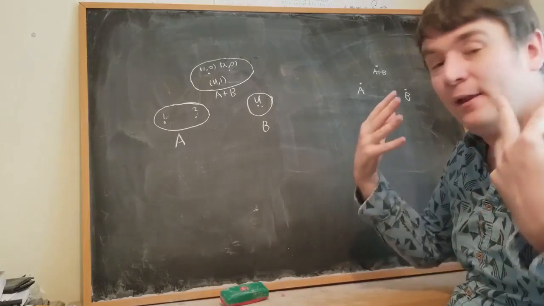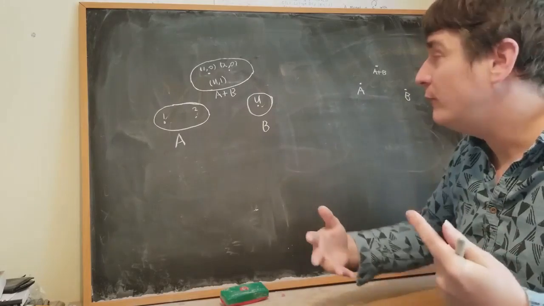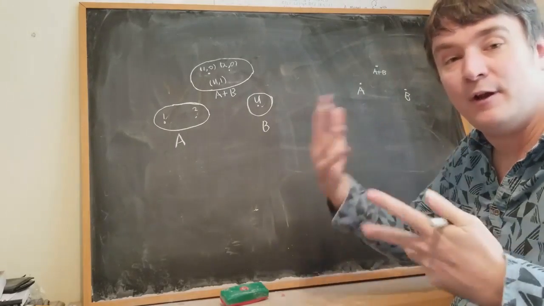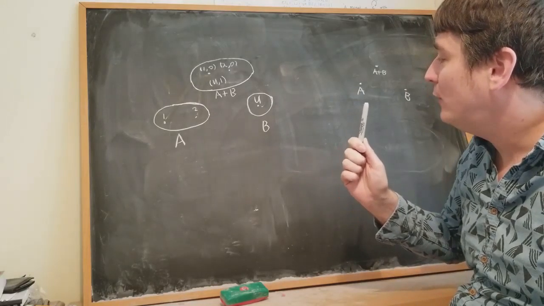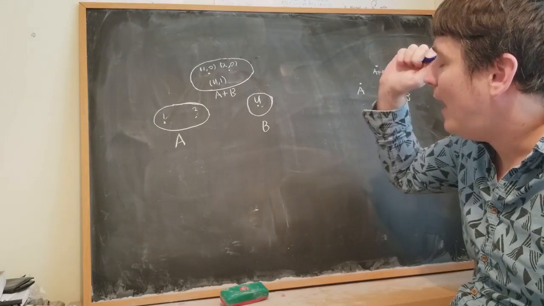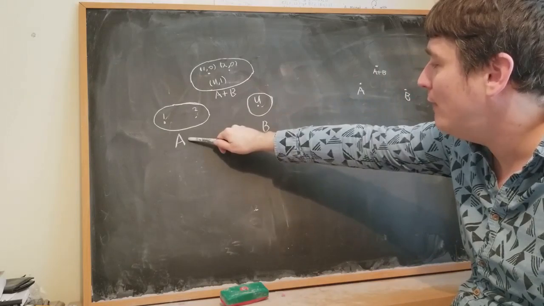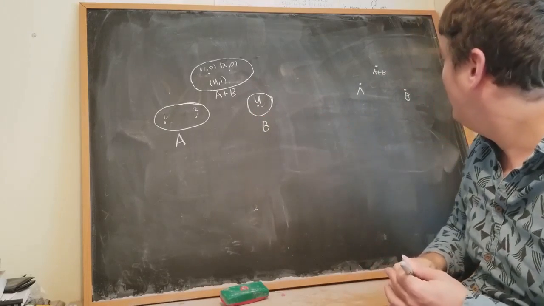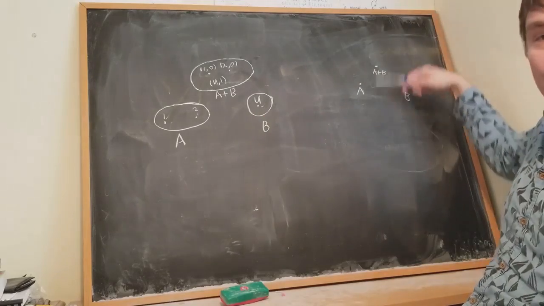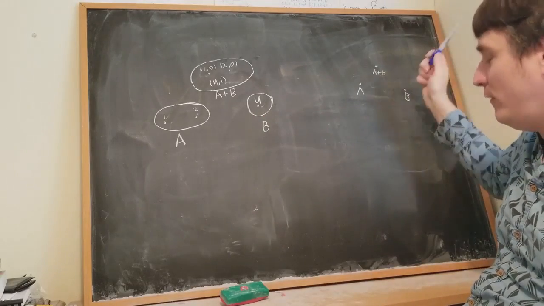Okay, so I want to illustrate how this notion of coproduct works in the category of sets. So what we're going to do is have a look at the coproduct of this set A and this set B. So here's this sort of categorical picture of what's going on.